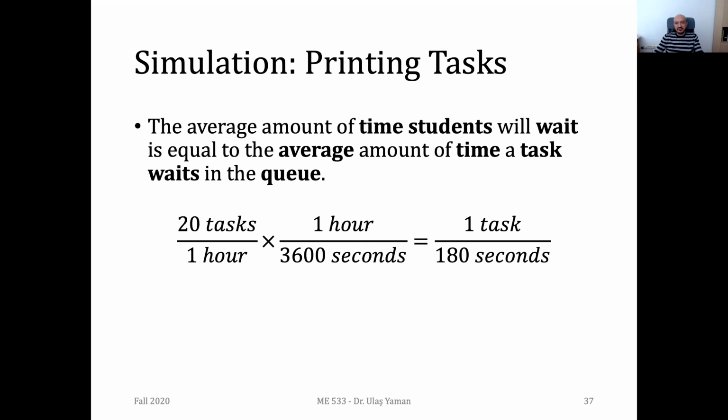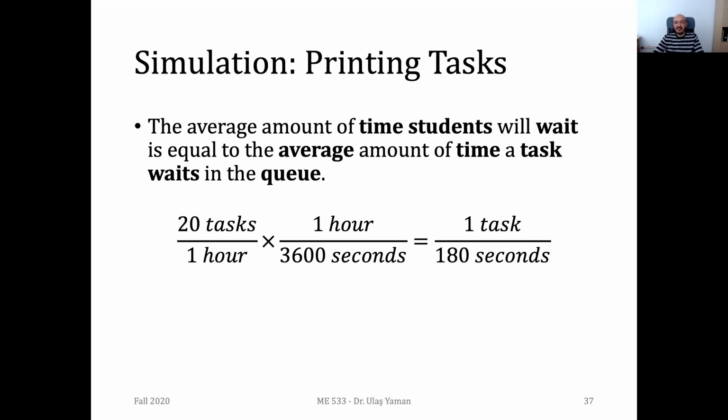So how are we going to determine the average amount of time the students are waiting? We can use such a multiplication to determine the waiting time for a task. You may say that there are 20 tasks per hour, since we had 10 students and they were all sending 2 documents in this hour.